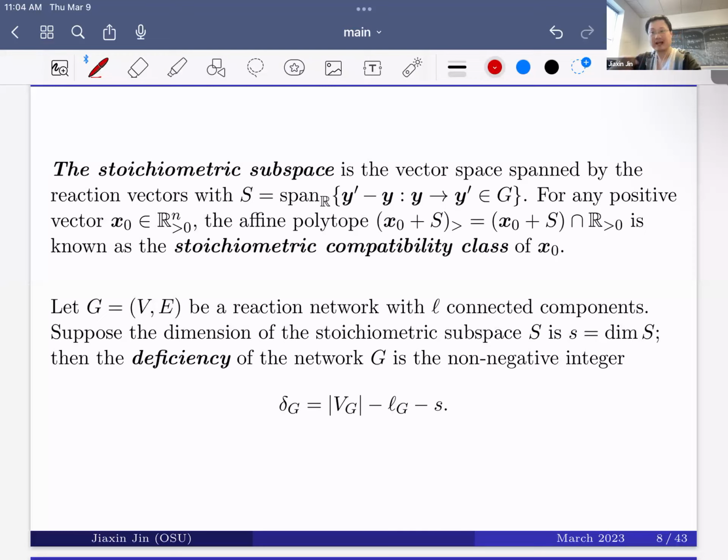So it is a collection of all reaction vectors in the graph. We also introduce a very important index, which is called deficiency. We will talk about it more later. Here, deficiency is defined as the number of vertices, minus L, which is the number of connected components, minus S, which is the dimension of the stoichiometric subspace.